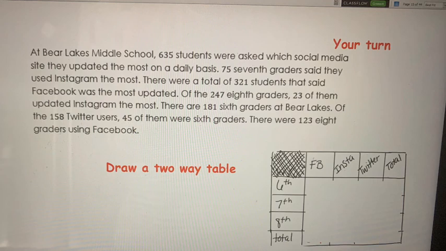Of 247 eighth graders, 23 of them updated Instagram the most. There were 181 sixth graders at Bear Lakes. Of the 158 Twitter users, 45 of them were sixth graders. There were 123 eighth graders using Facebook. Stop the video and draw your two-way table.